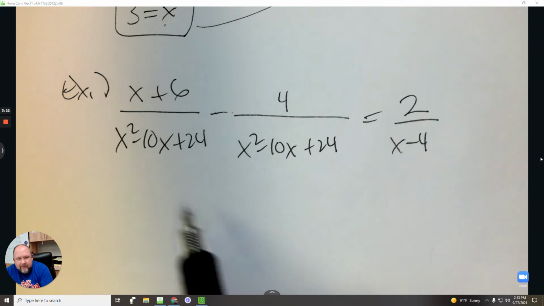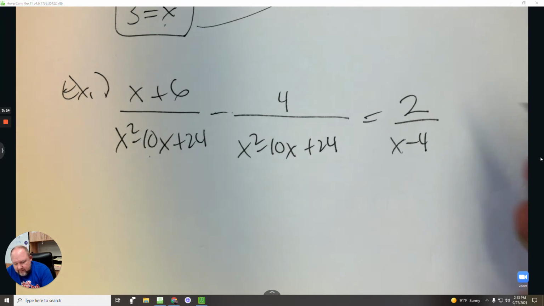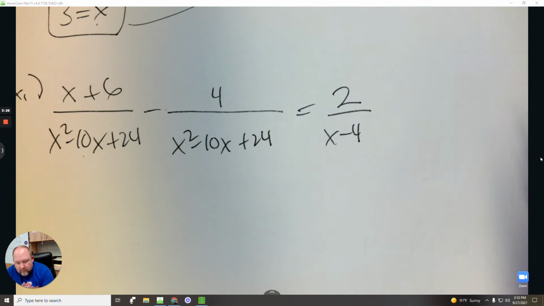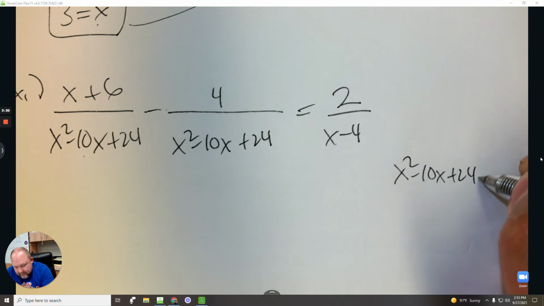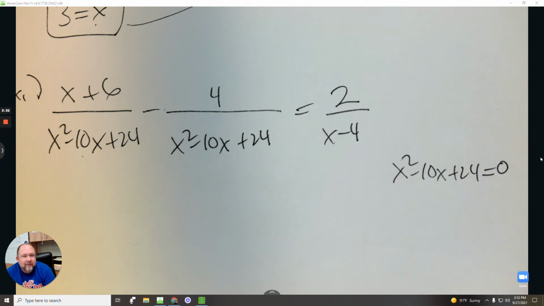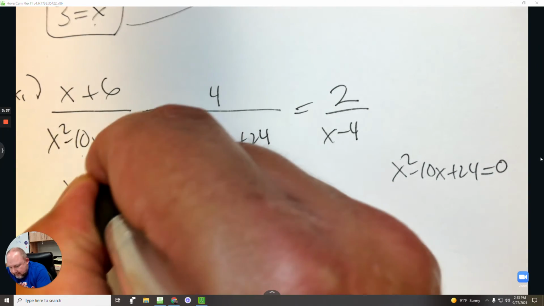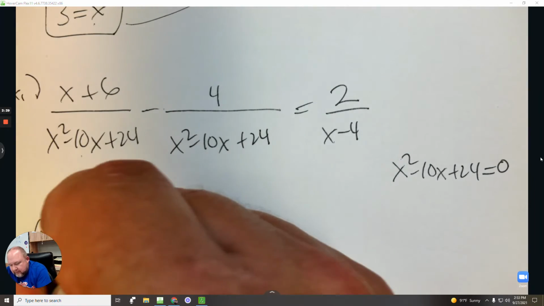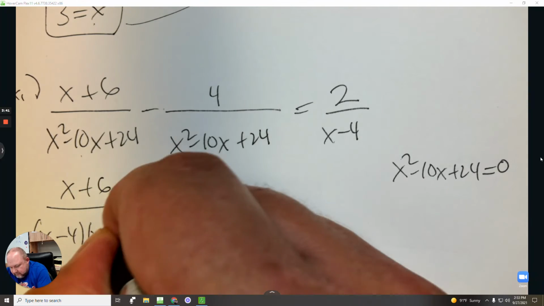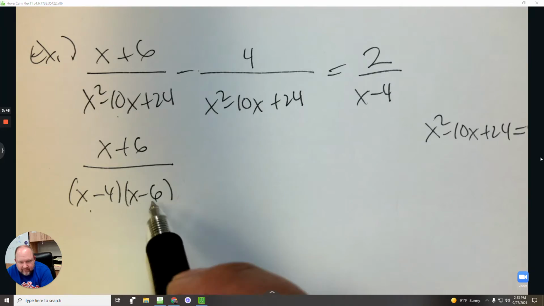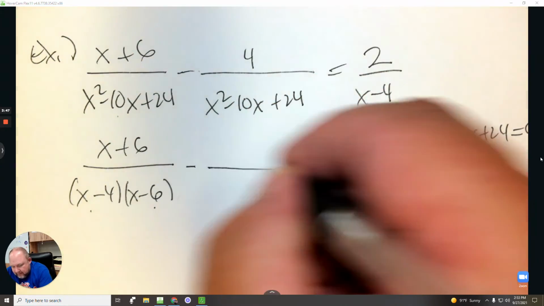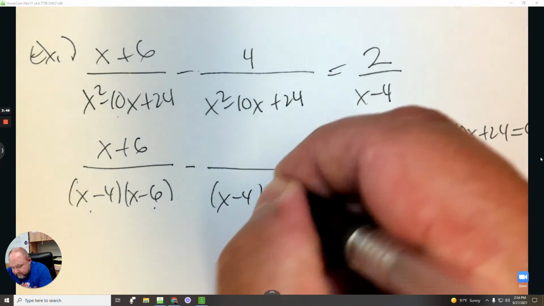So step 1 is to take the denominator on the side and make it equal to 0. And then to understand that, sometimes you just factor it and it becomes out. So if I look at the denominator, the two numbers that factor, so what two numbers multiply to 24 and add to negative 10? The next denominator is exactly the same.